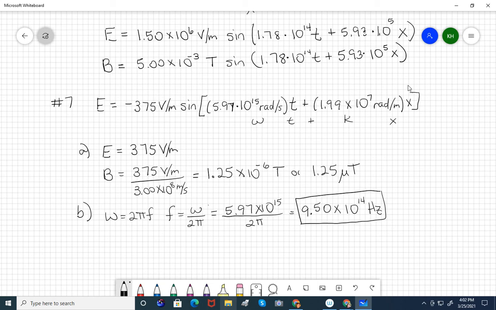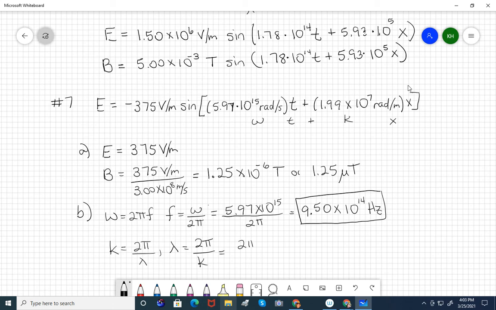The wavelength, I believe, was the next thing they asked for. What is the frequency, wavelength, and period? The wavelength, lambda, is equal to, well, let's just look at our formula. We know our wave number, k, is 2 pi over lambda. That tells me lambda is equal to 2 pi over k.